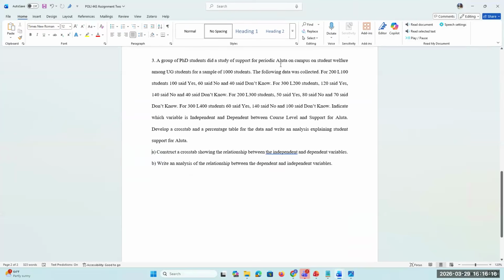Okay, a group of PhD students did a study of support for periodic ALUTA on campus on students' welfare among UG students for a sample of 1,000 students. The following data was collected for level 200, level 100 students. Sorry, it's not your fault.